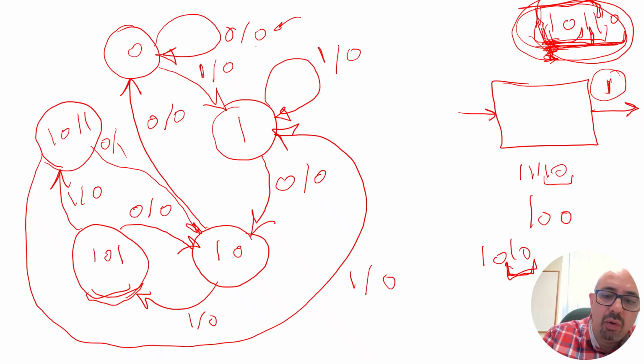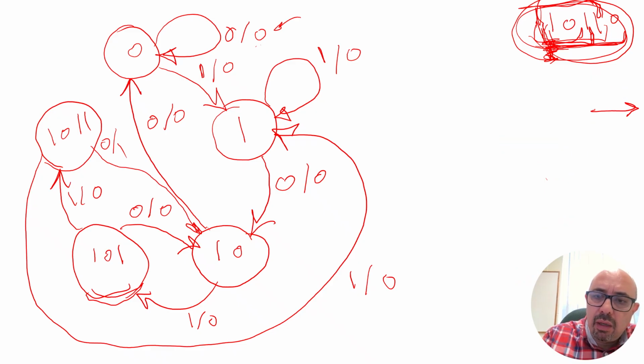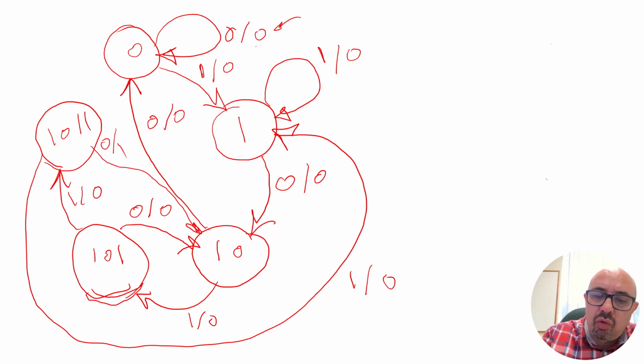What I can do now is simply convert this state diagram into a circuit. So the first thing I need to do is to code my states. So let me say this is 0, this is 1, this is 2, this is 3, and this is 4.